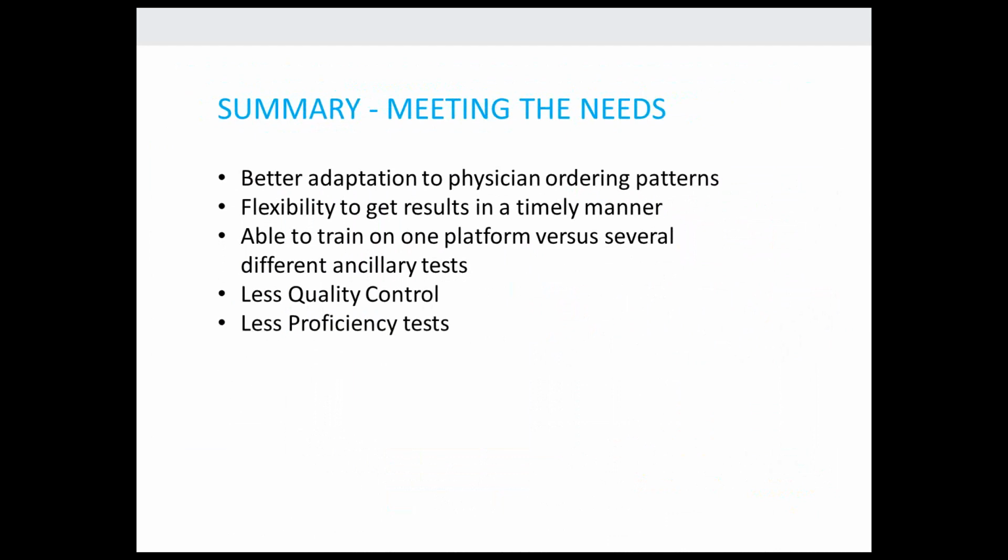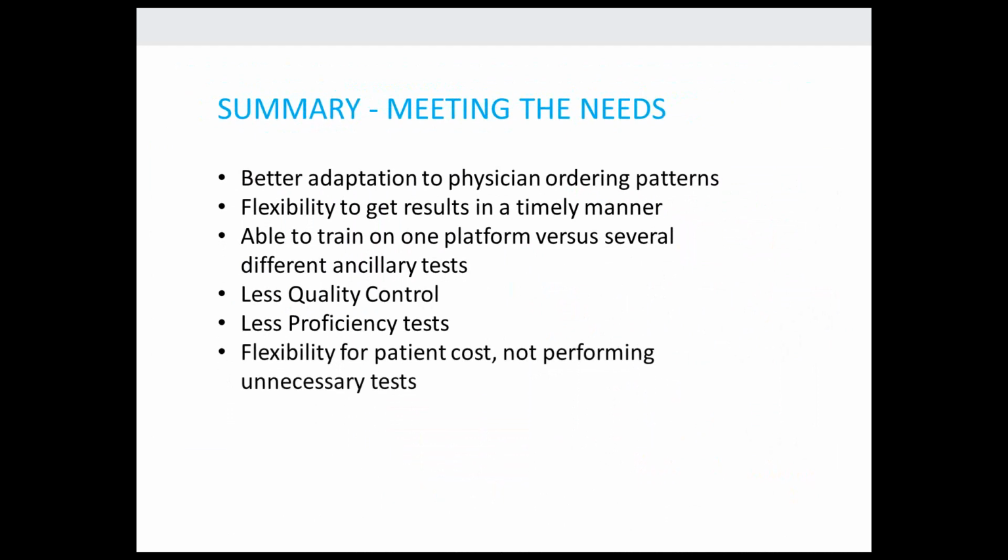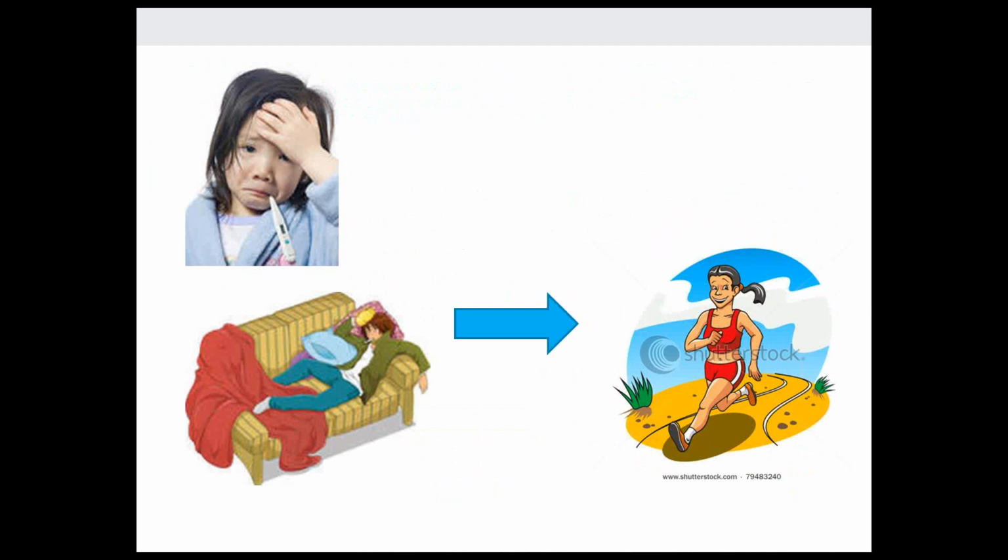Also, it helps a lot with proficiency testing. As more panels are available, it makes it a lot easier to keep track of. And we have the flexibility for the patient costs and not performing some of the unnecessary tests at some times of year when it may not be necessary.